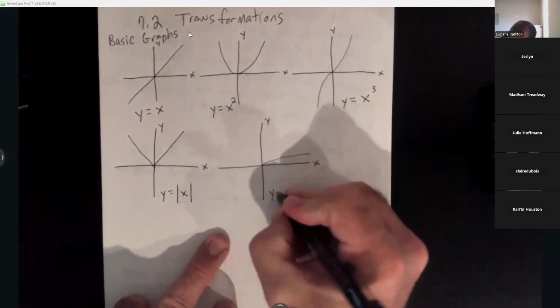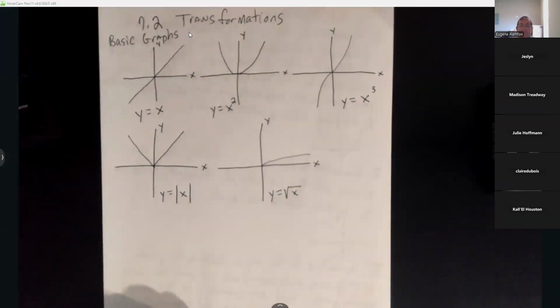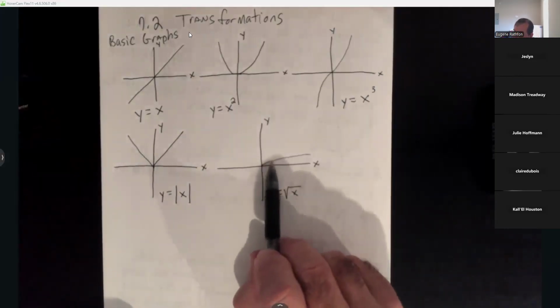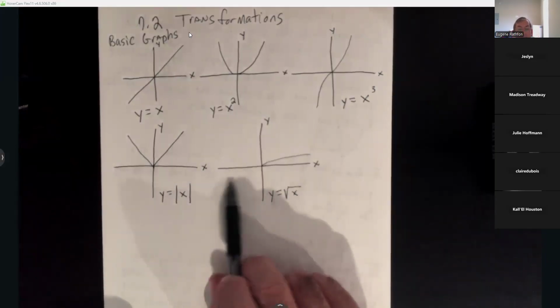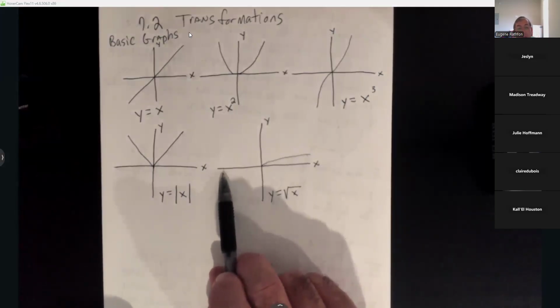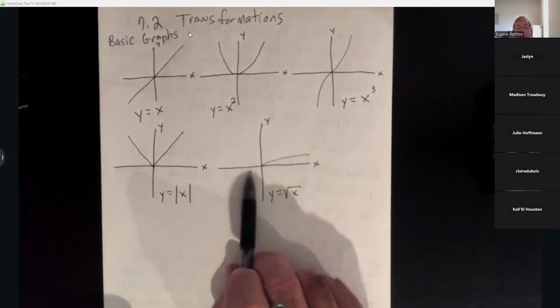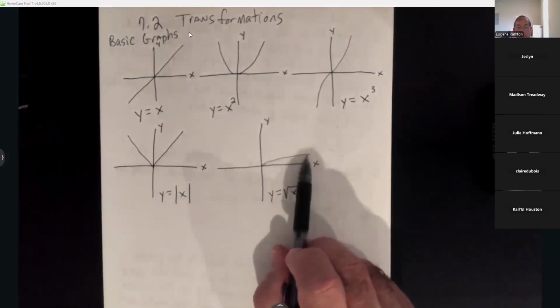This is y equals the square root of x. So the square root graph sort of slowly goes uphill. Now the square root graph isn't on the negative x's, because remember, in the real world, you cannot take square roots of negative numbers. So that's why the square root graph is only on the positive side, okay?